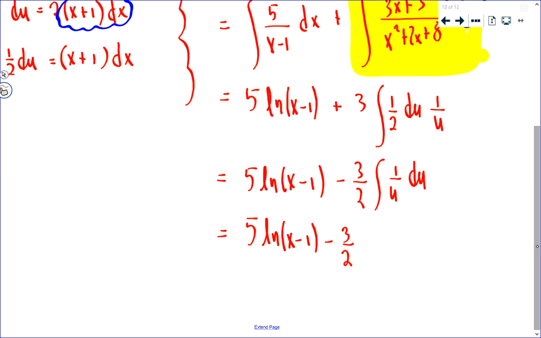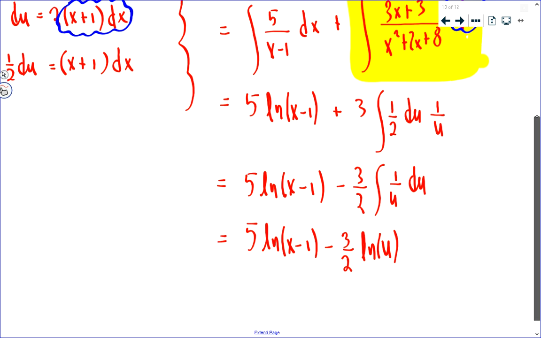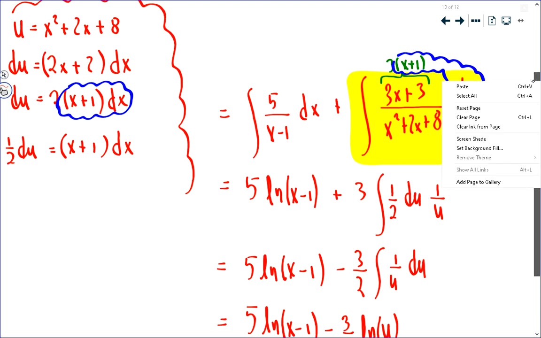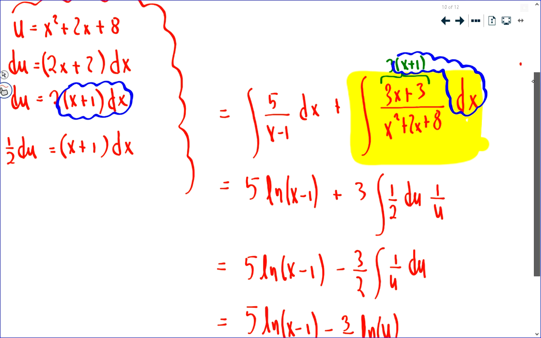Now, what is the antiderivative of 1/u when u is the variable? Well, it's ln of u. And we're just about done. All we have to do now is remember that we started off by saying u is x squared plus 2x plus 8.